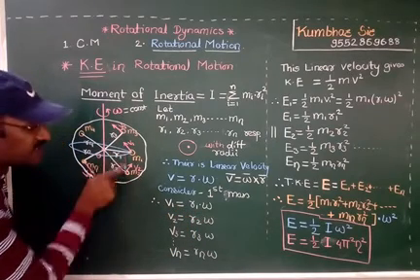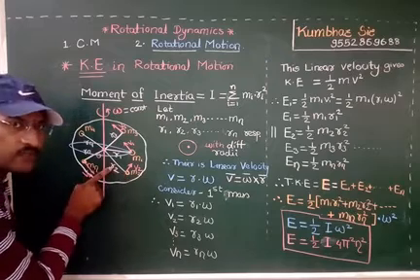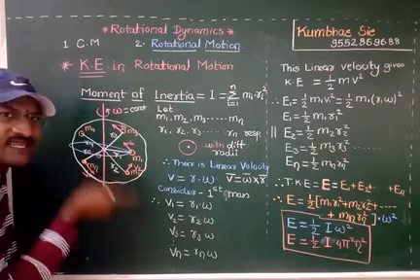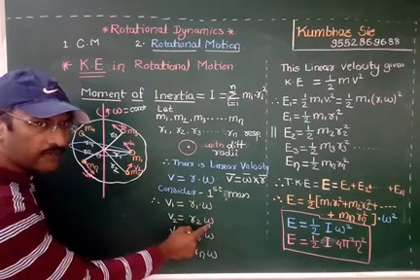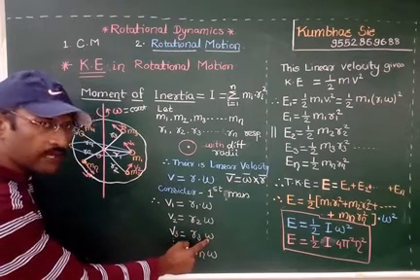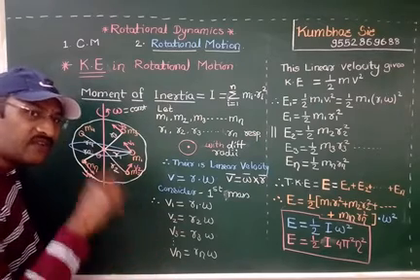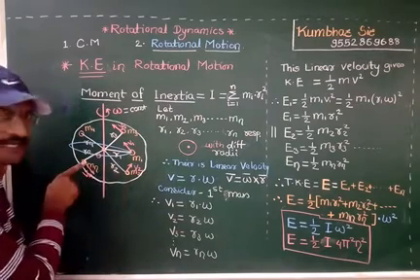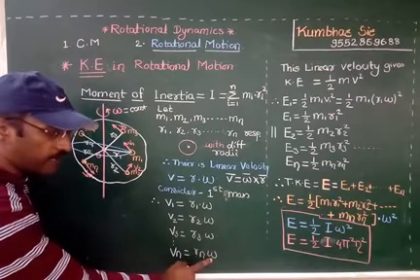Similarly, consider the second particle whose mass is m2 situated at a distance r2, and its tangential linear velocity v2 equals r2 omega. Similarly, v3 equals r3 into omega. Vn, the linear velocity of the nth particle, equals rn into omega.